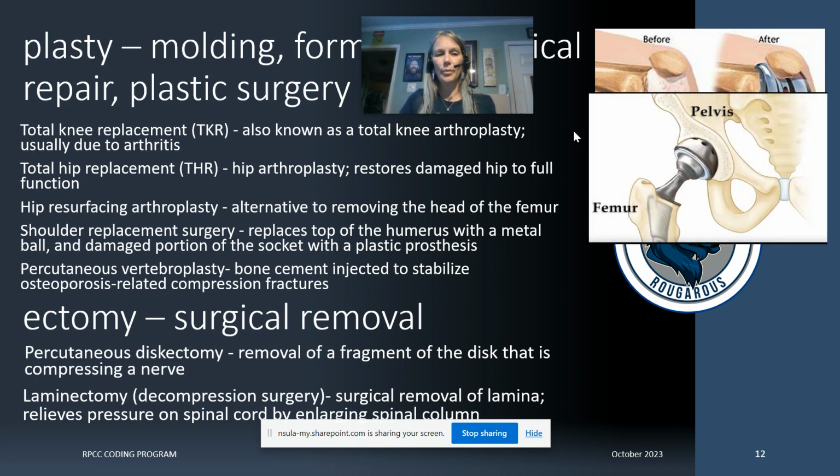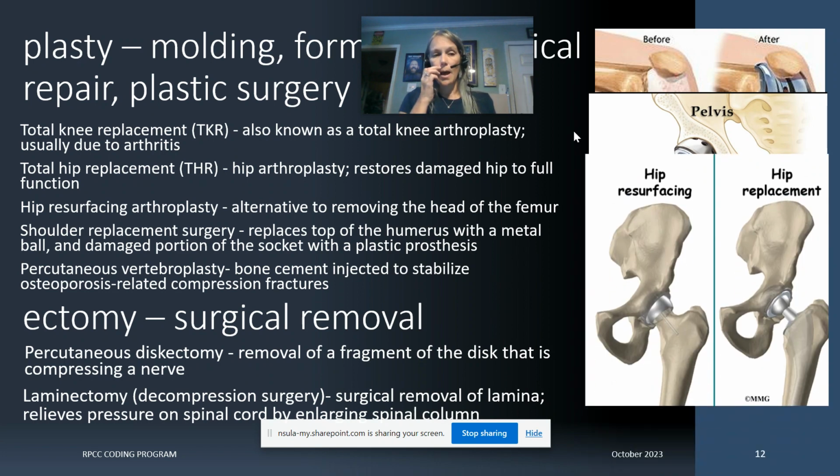Your total hip replacement, your hip arthroplasty. So see how in this picture it's showing you they're putting the metal in to replace that hip joint so that that restores your hip to full function.